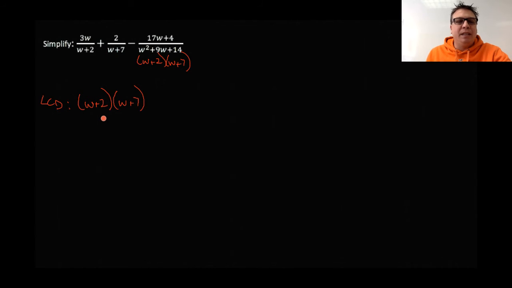So my common denominator is going to be exactly that. That means I don't have to do anything with this numerator. I don't have to introduce anything. But here, I've got to introduce the w plus 7 to the numerator and denominator. I have to introduce the w plus 2 to the numerator and denominator. Okay? So then, as we go through, my least common denominator is just going to be w plus 2, w plus 7.